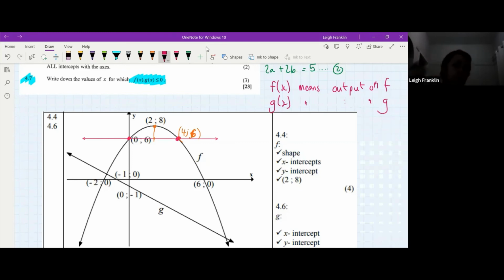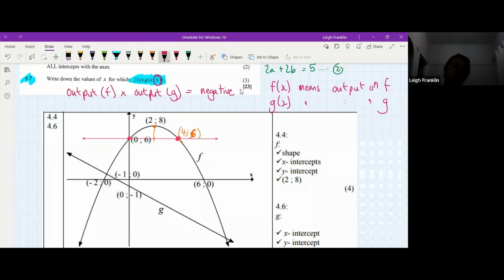So outputs are numbers. In other words, you're taking a number, the output on f, and you're timesing it by the output on g, which is also a number, and it has to give you an answer that is smaller than or equal to 0.